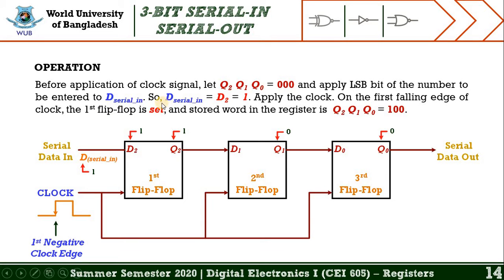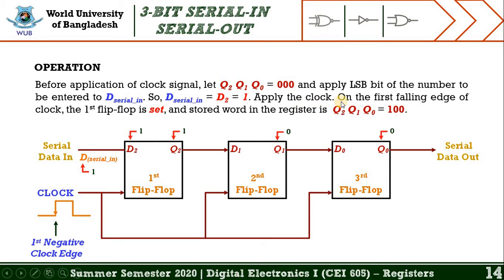In that case, the value of D serial in is equal to the value of D2, which is equal to 1. This is also shown in the figure: if you look at the first flip-flop, you may find the value of D serial in is 1. In that case, the value of D2 is also 1, and the value of Q2 is also 1.